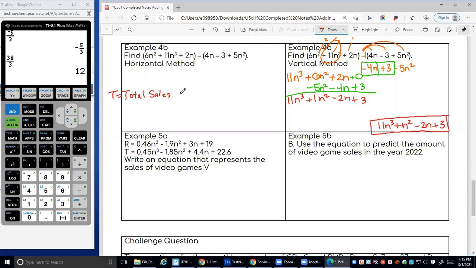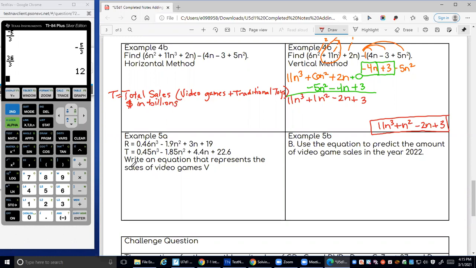This store sells video games, and they sell traditional toys, like blocks and trains and stuff like that, right? Now this is total sales, so it's dollars and it's in billions. Big company.